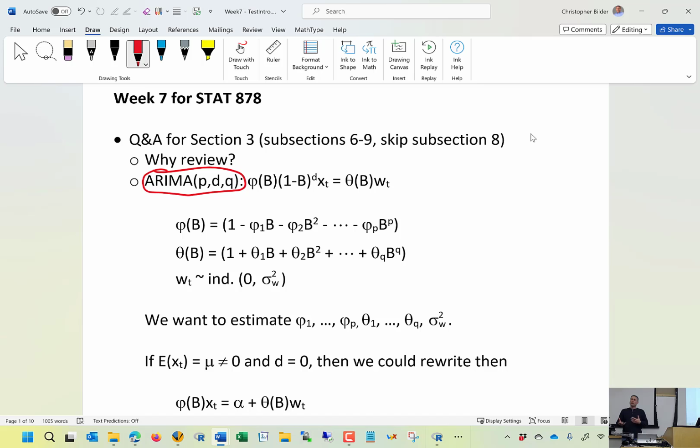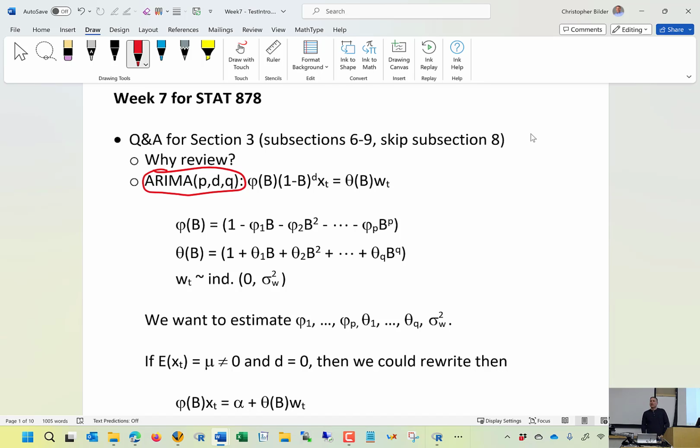For example, we will look at particular situations where, in addition to observing x of t, maybe we have something that we can think of as an explanatory variable as well, and we can include that in the model. We'll look at situations where maybe we can no longer assume the variance is constant. How can we also simultaneously model the variance as a function of time in one of these models? There are many other extensions as well, but those are two of the primary ones that we will examine as we go along.